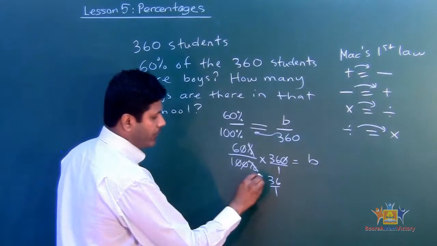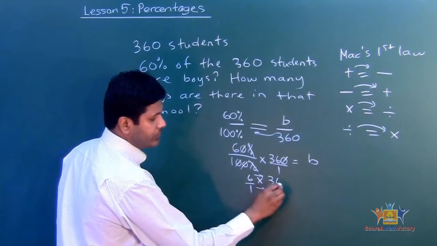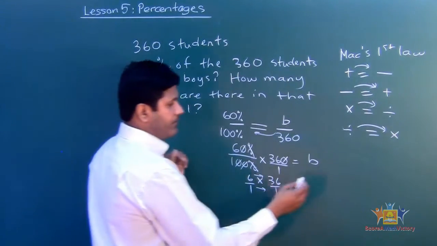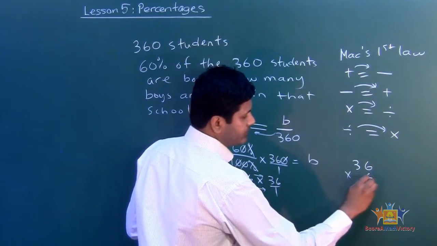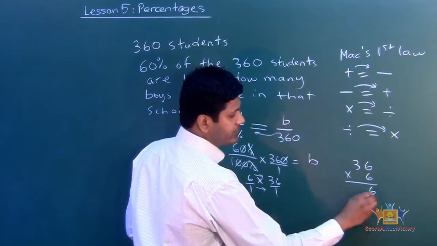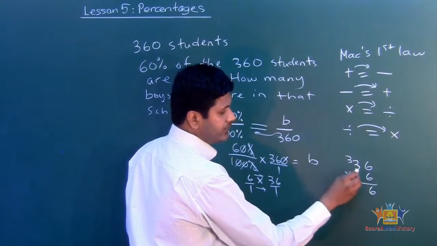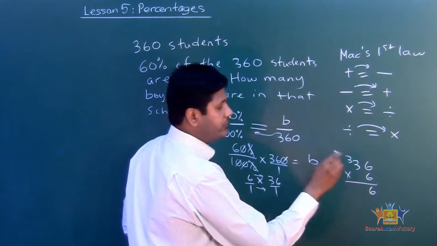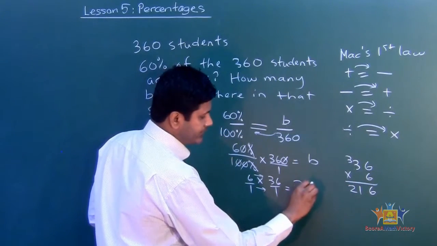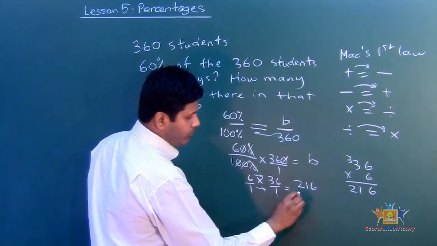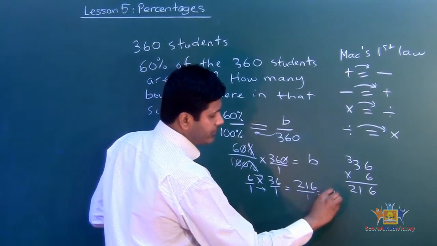Now I can use the double arrow method. 6 times 36 is outside our times table range, so we're going to use long multiplication. 36 times 6. 6 times 6 is 36, write 6 carry 3. 6 times 3 is 18, plus 3 is 21. So that gives me 216. 1 times 1 is 1, so it's 216.